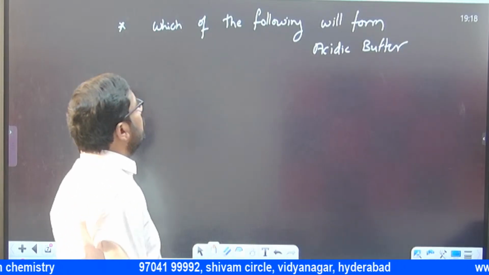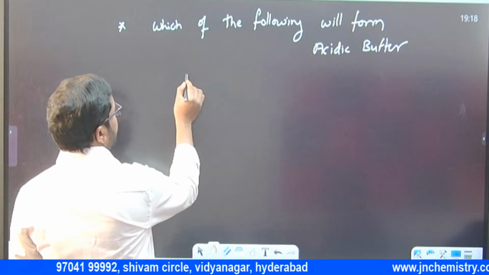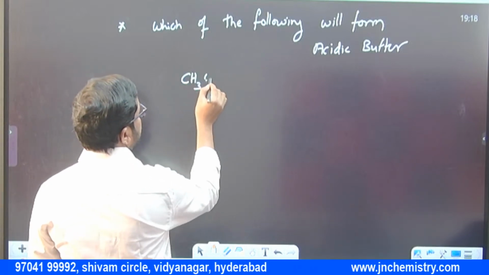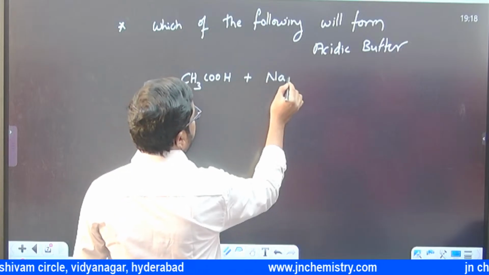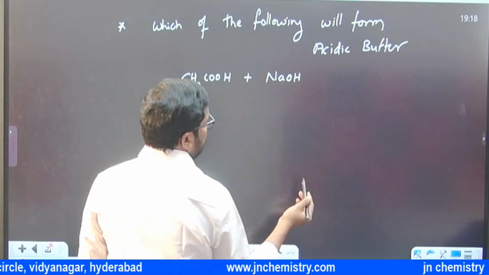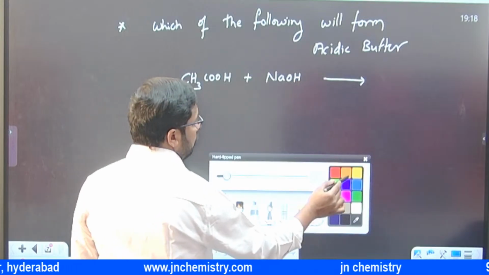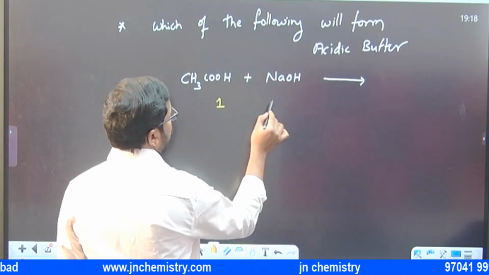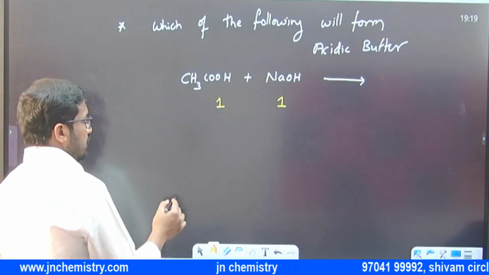For example, CH3COOH and NaOH. This combination. Imagine I'm just giving 1 mole of this, 1 mole of this. This is one combination.